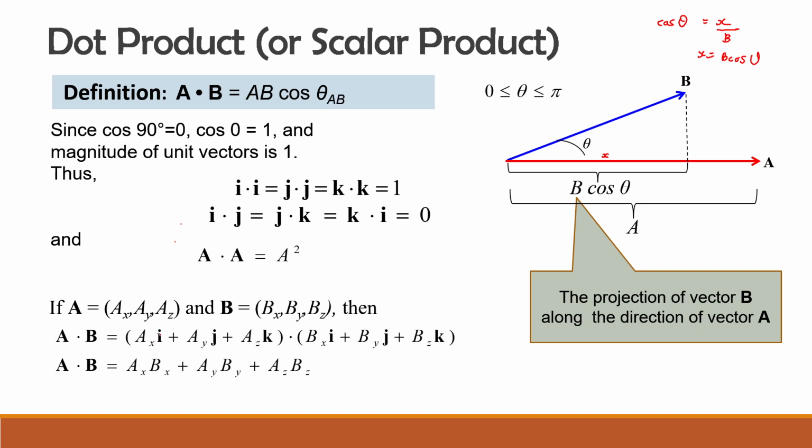When you take AX I dot with BX I, because I dot I is 1, you have AX multiply BX.